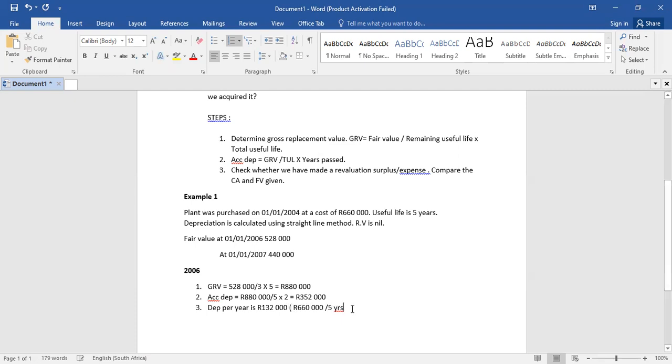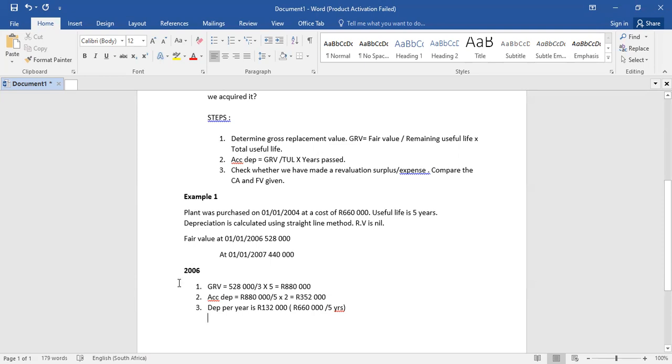So I'm saying mawufika ku-step number 3, kumele wenze njani? Kumele uthole ukuthi senze i-revaluation surplus or i-revaluation expense, and ukuze ukwazi ukuthola kumele uqale uthole i-carrying amount uyi-comparison ne-fair value. Ukuze uthole i-carrying amount kumele uthini? Cost price esasithenge ngayo minus i-depreciation, accumulated depreciation ongama-depreciation asedlulile. So i-depreciation per year is 132,000.